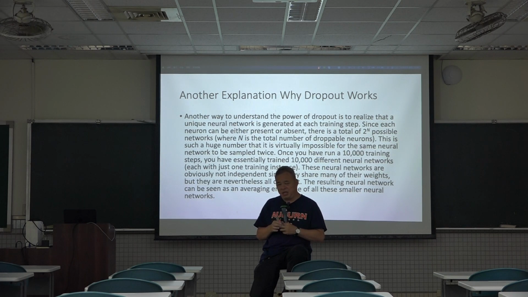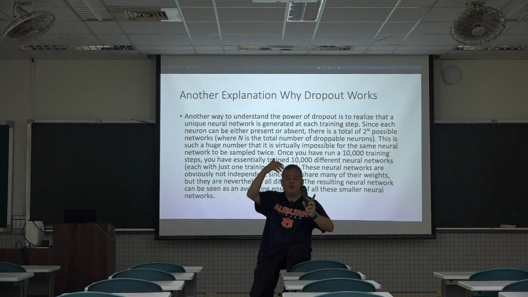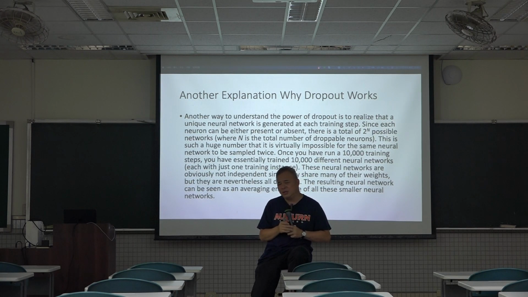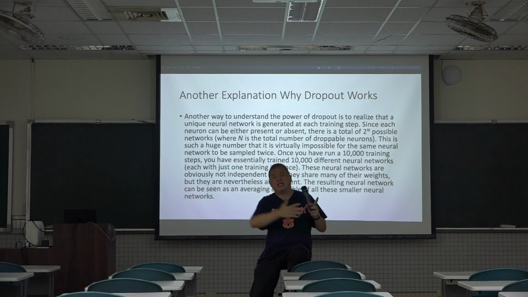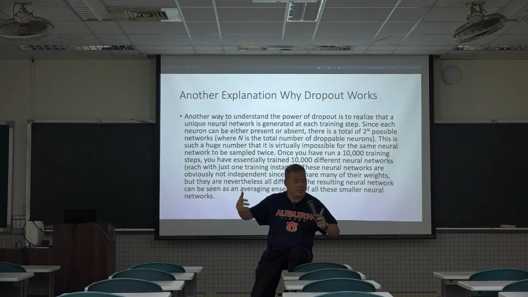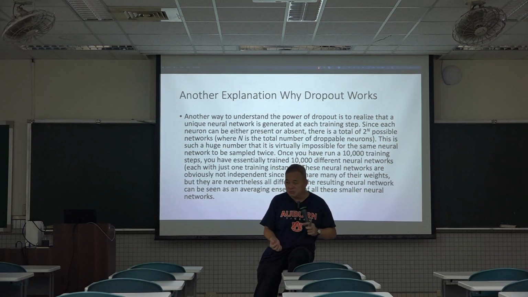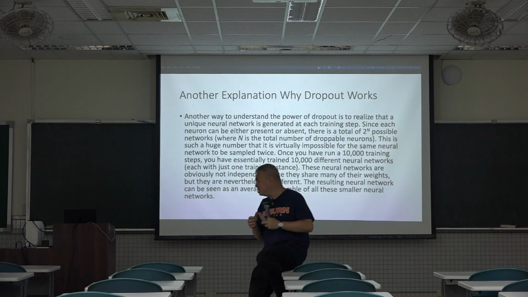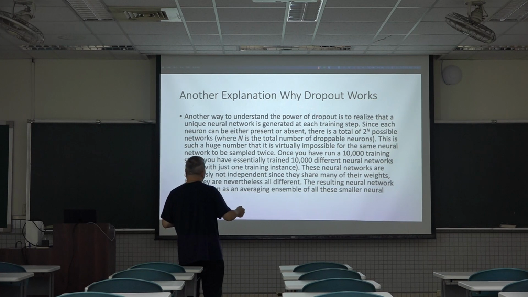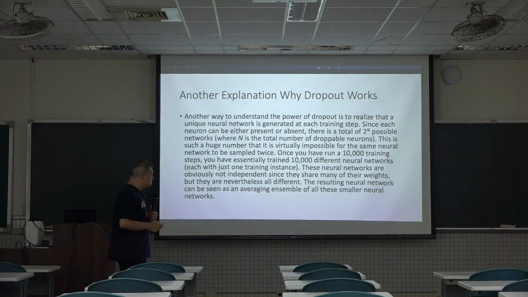If you consider each neural network that only gets trained for one iteration, the performance must be poor. But if you consider 1,000 of these combined to make a decision, then normally it will give you much better performance. So this is another way to explain why dropout improves the performance.